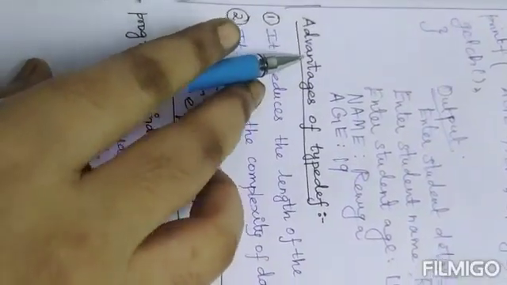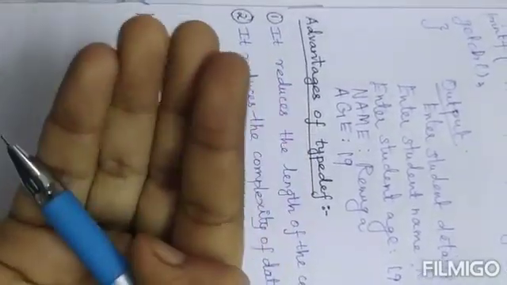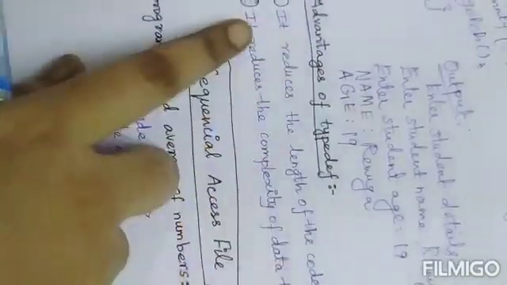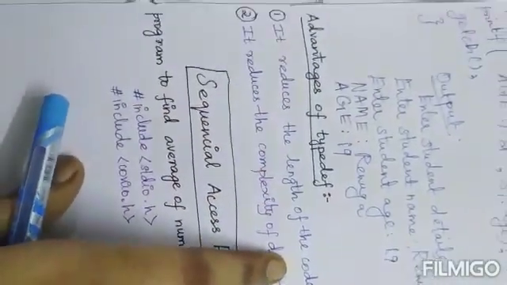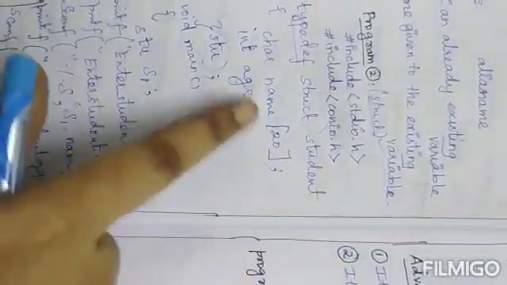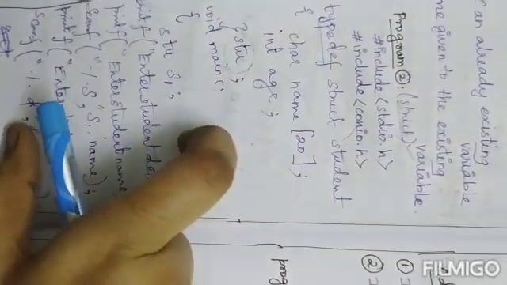And here are some simple two points, the advantages of this typedef. So this typedef concept we have now seen, so what are the advantages of typedef? It reduces the length of the code. When I calculate a student's age only for a particular student, for the next student I would have to give another printf and scanf, and so on.